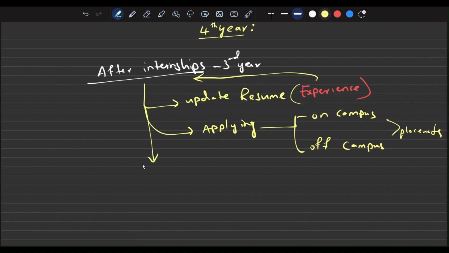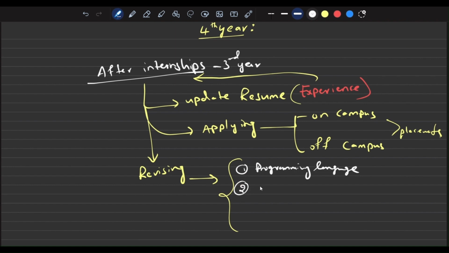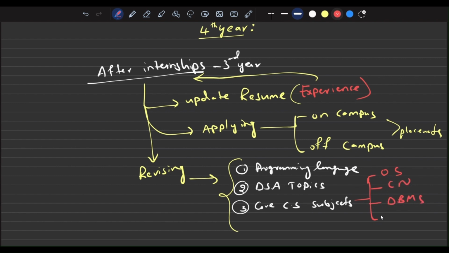Meanwhile, continue revising topics like programming languages, DSA topics, core computer science subjects like operating systems, computer networks, database management systems, and low-level design.